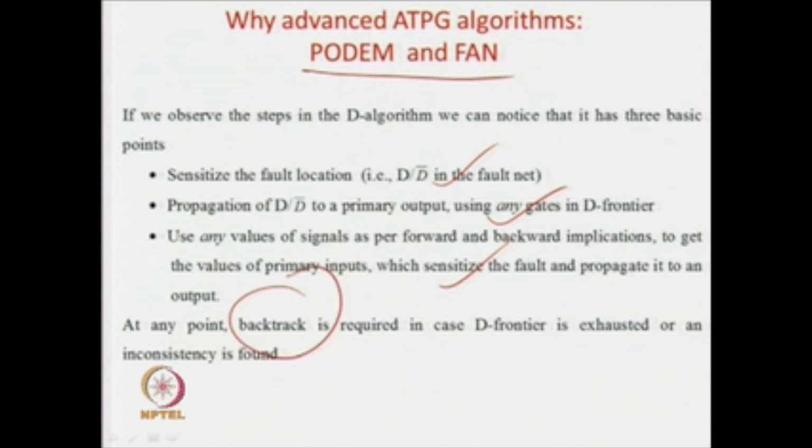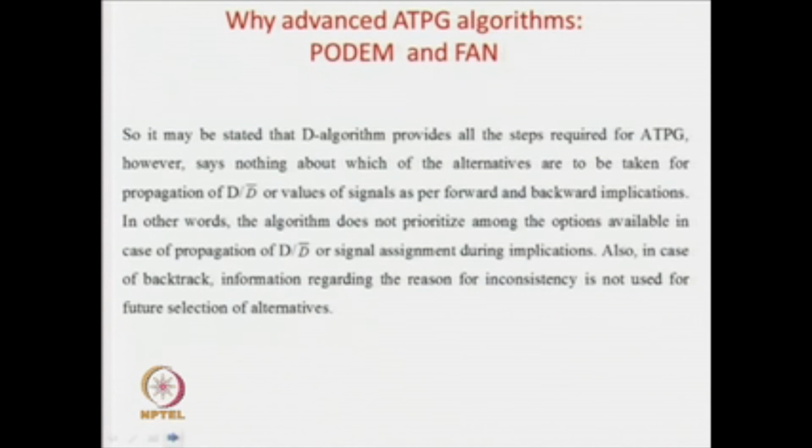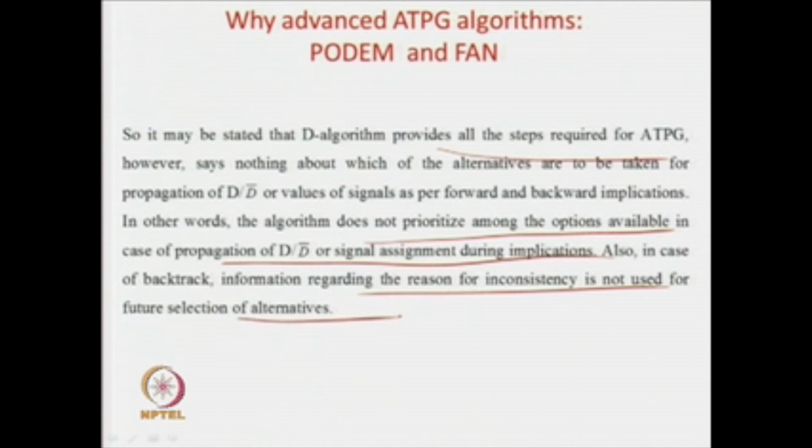But whenever there is a backtrack, the D-Algorithm will tell you why, but it will not tell you what you can learn from that backtrack. So the D-Algorithm provides all these steps, but it does not prioritize among the available options. And the reason for inconsistency is not used for future selection of alternatives, which is very important.